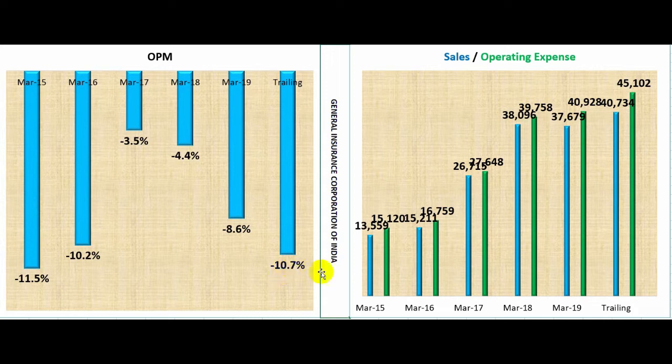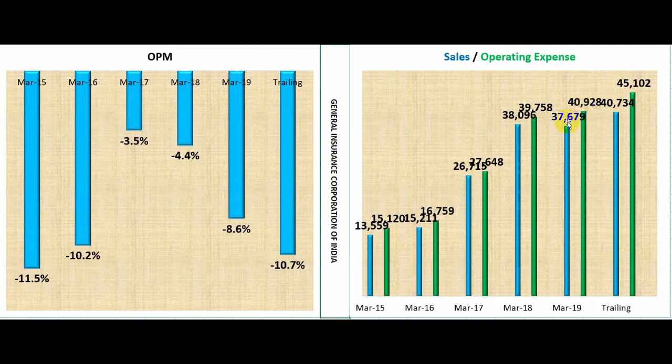If you look at the individual numbers in March 19, the total sales was 37,679 crores. This is the revenue generated through sales. And against that, the operating profit, or rather operating loss, was 40,928 crores. That's an expense which is more than the revenue.